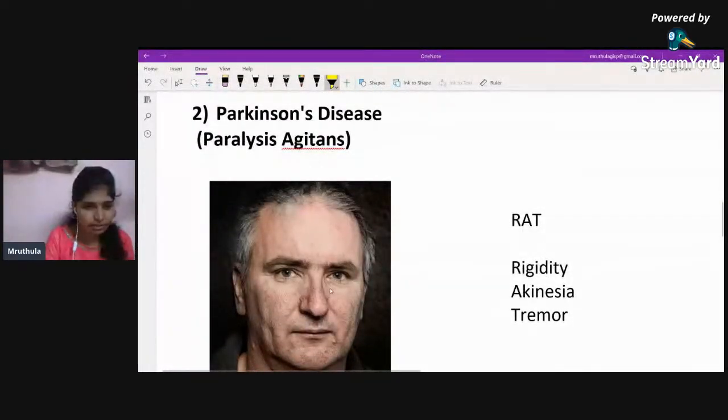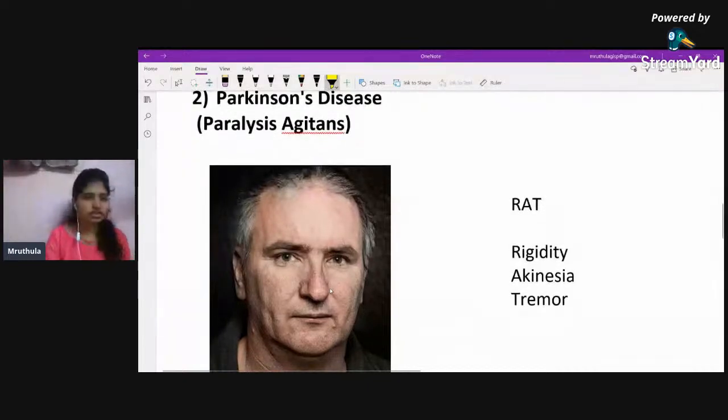If you remember the person we saw in the beginning, he's a patient of Parkinson's disease. What you need to know is that it's because of the deficiency of dopamine, or because of increased acetylcholine level in the basal ganglia.